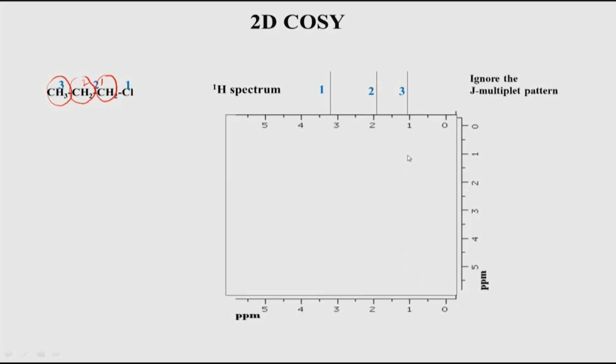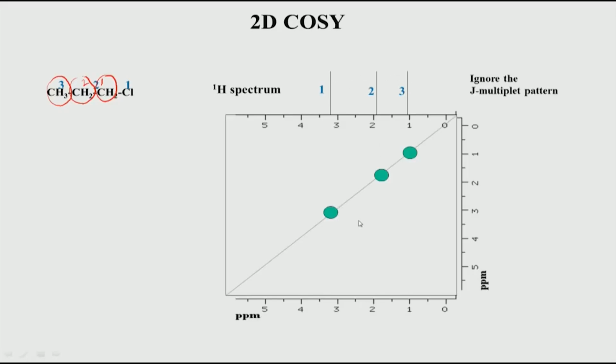If this is 3, I expect a correlation from 3 to only 2, and a correlation from 2 to both 1 and 3, and in this line I would expect a correlation from 1 to 2, but I would not expect a 1 to 3 connection. Why? Because 1 and 3 are not connected or coupled to each other. So, obviously, I do not expect any correlation in chemical shift between 1 and 3, because when the magnetization of 1 evolves, it cannot transfer to 3 since it is not coupled to 3.